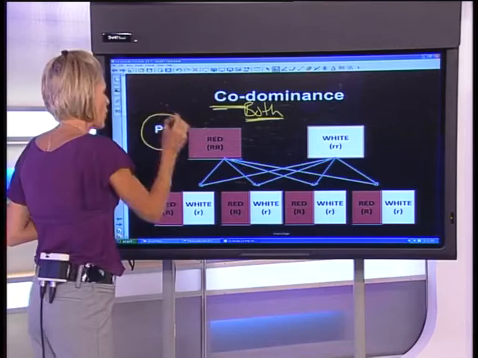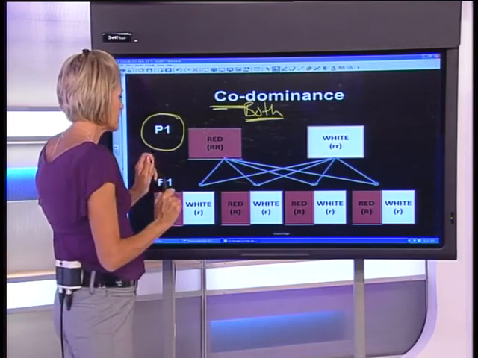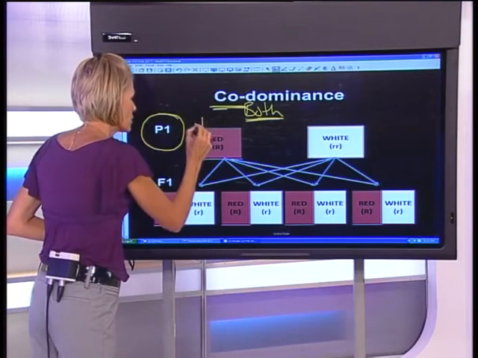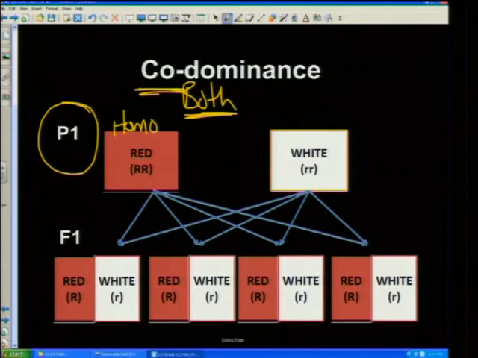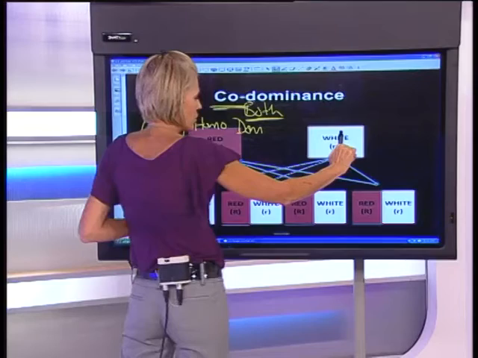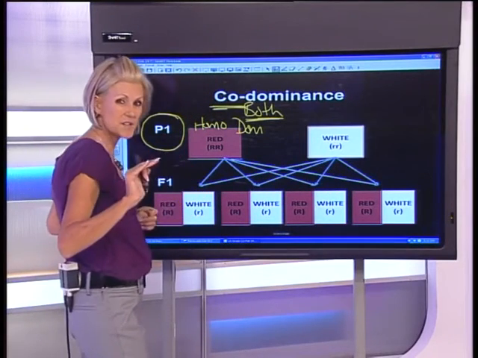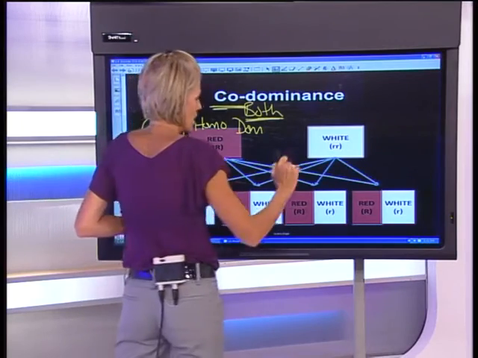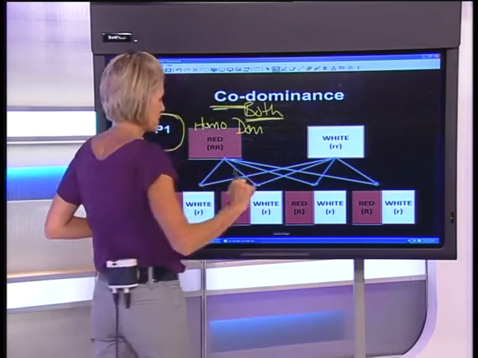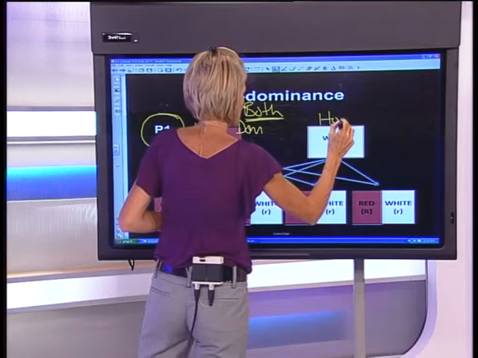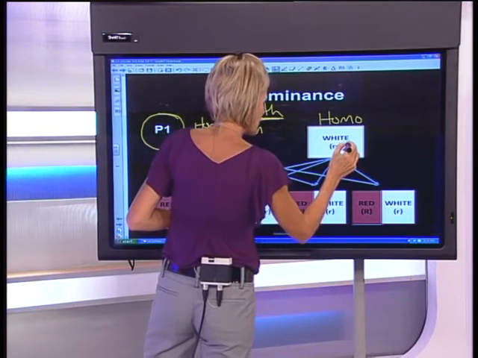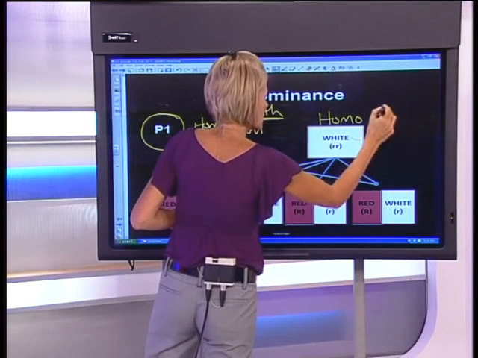Okay? Your P1, first parental generation, we have homozygous dominant here. Okay? Capital R, capital R. But here we have white, and the white says, okay, look, I know I'm recessive, but guess what? I'm not actually that recessive. So we have homozygous, but this white also dominates.